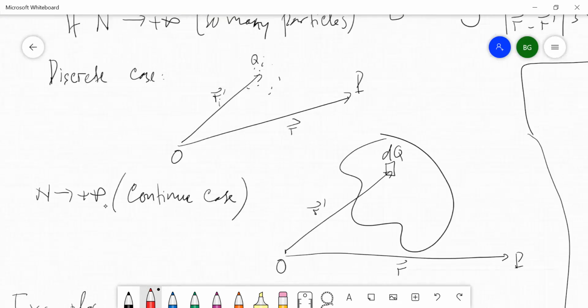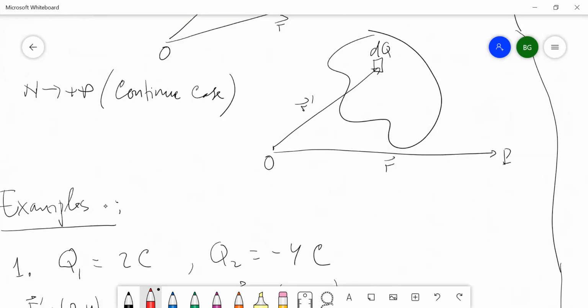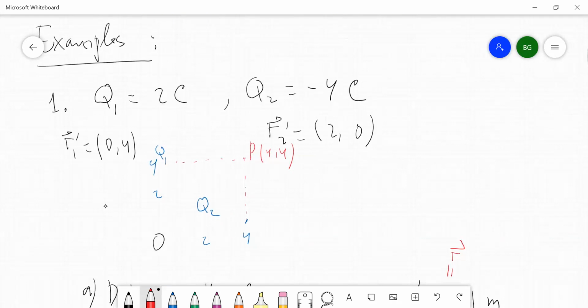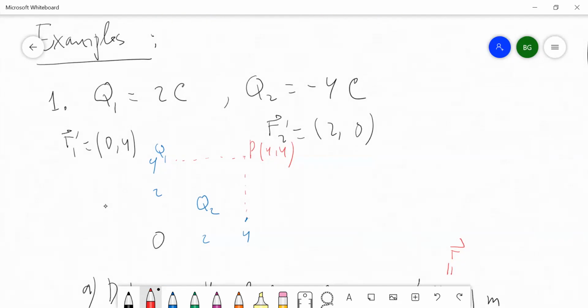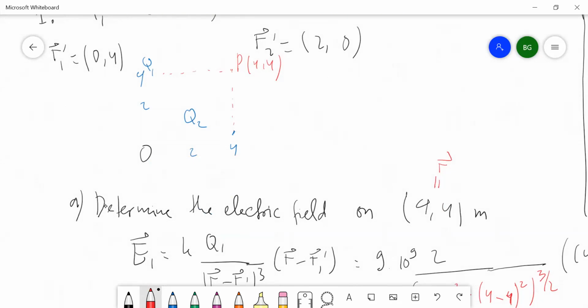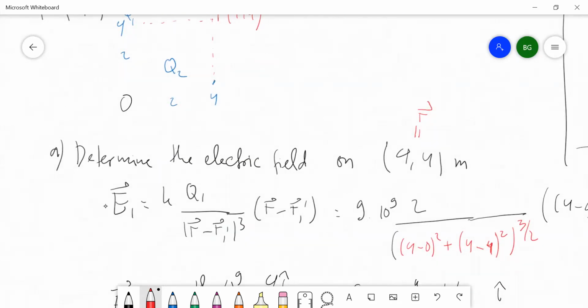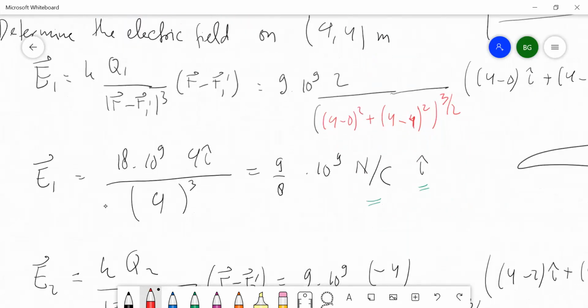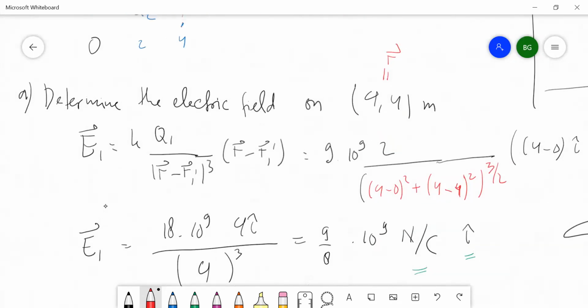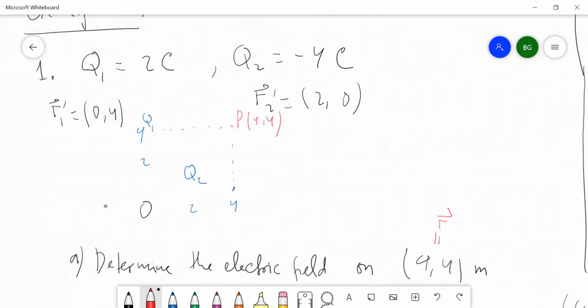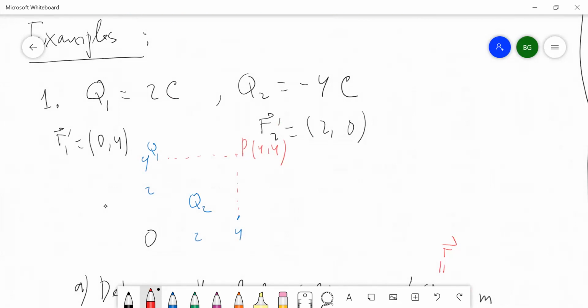Okay, so this is the case. We have already discussed the three-body problem, three charges. Two charges, I think, is easy for you. So this is the example for electric field. So we have two charges.